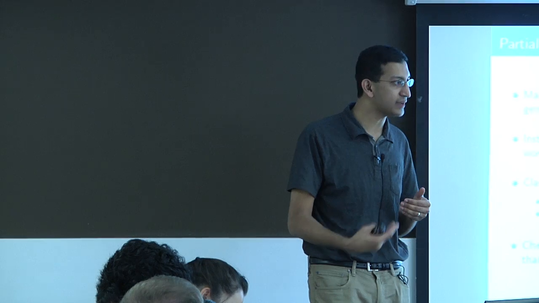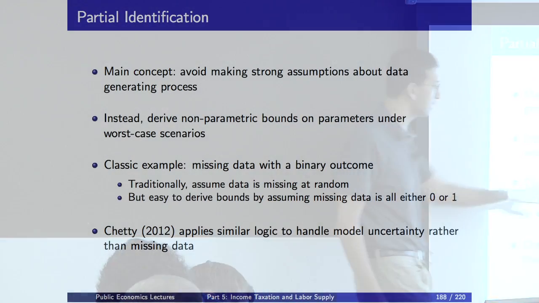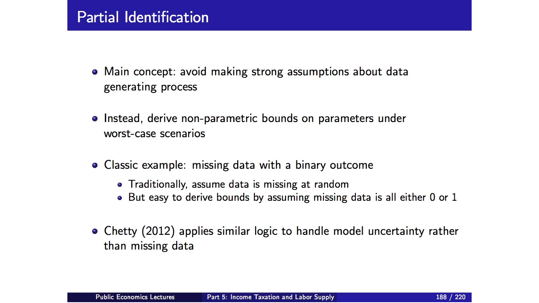Now you can extend that to think about estimating a treatment effect with binary outcomes, again assuming the data is all of the worst possible case. How does it work with treatment effects? You assume the worst-case scenarios where everybody in the treatment group is at one end and everybody in the control group is at the other end, or flip it around, and then you get the bounds, right?